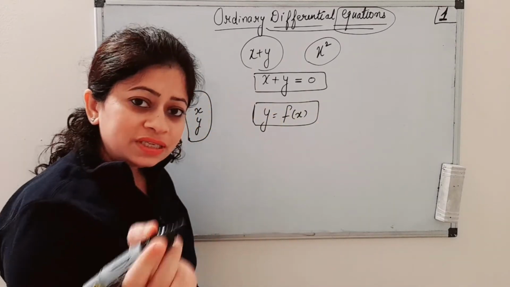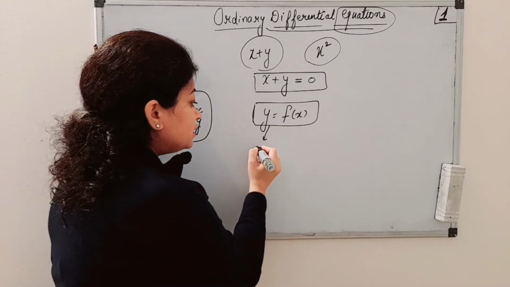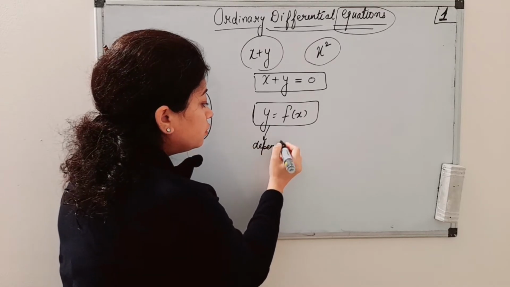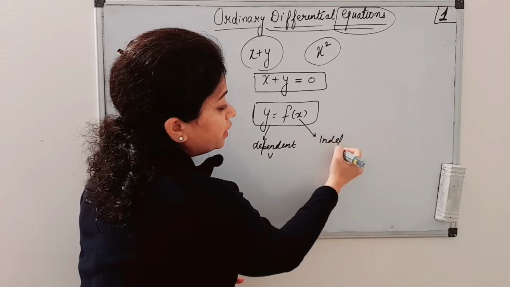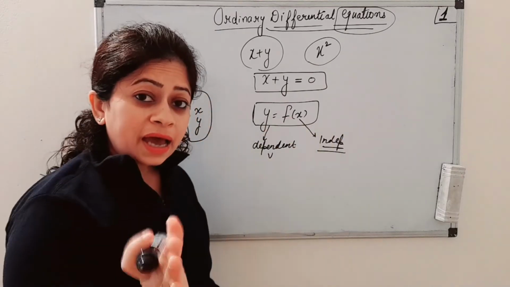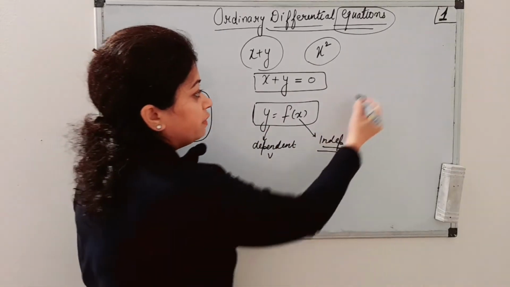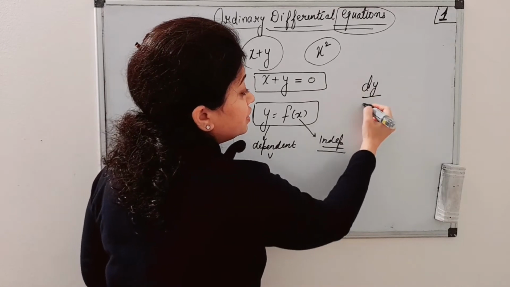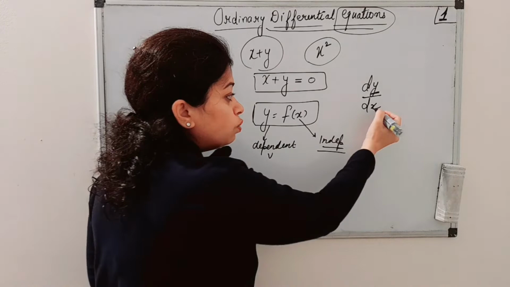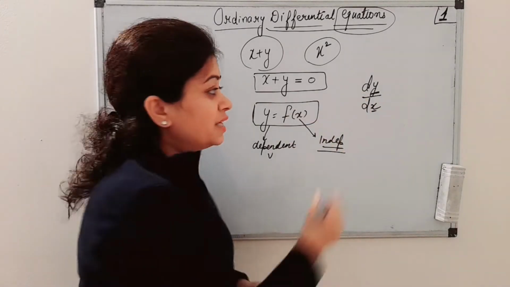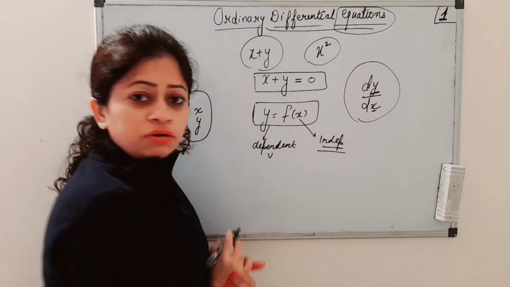That means y is the dependent variable and x is the independent variable. We have studied derivatives: this is the rate of change of one quantity with respect to another quantity.